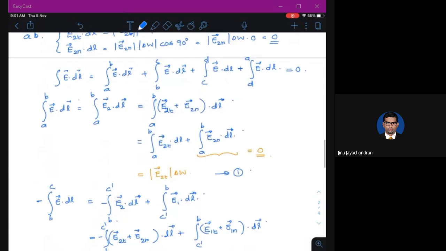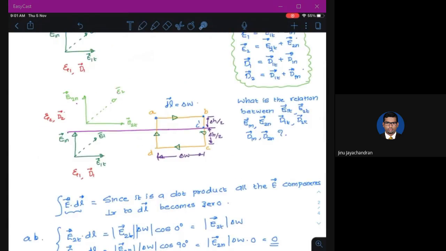Okay. So remember, when I did the next side, this is the negative direction. So minus the integral from C to D, with the parallel component being E1t, multiplied by the differential distance delta W. When I did D to A, you have two regions. This is delta h by 2, and this is also delta h by 2.